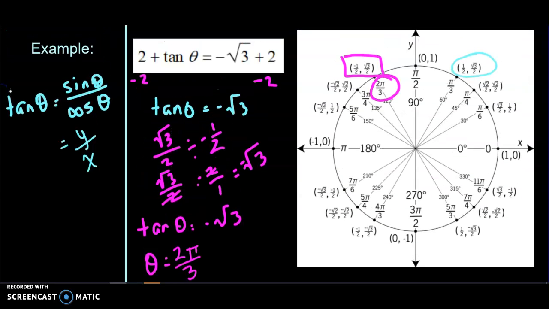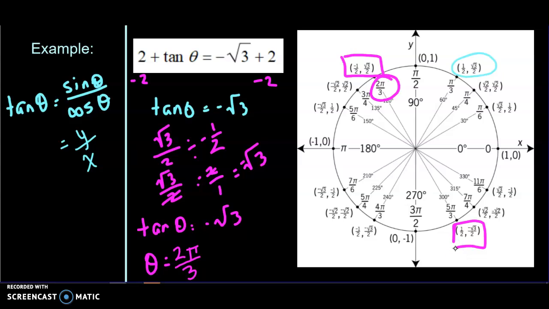So when I'm dividing, let's see right here, if I'm dividing this, I don't get that. And this 7 pi over 6, would that work? No. How about 4 pi over 3? Well, if they're both negative, I'm going to get a positive, so that doesn't work. I go over here to 5 pi over 3. And what do we notice at 5 pi over 3?